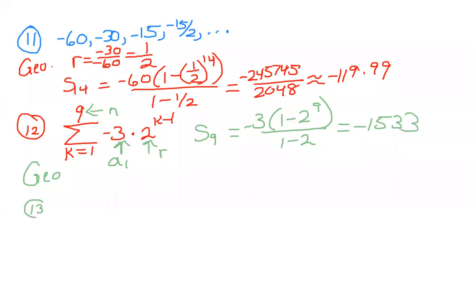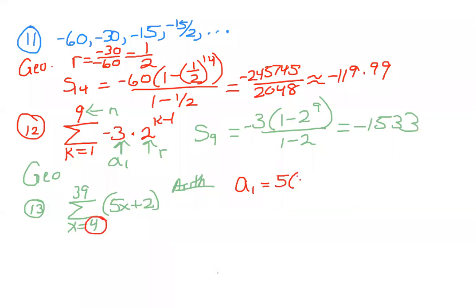Number 13, again, we got the sum from X equals 4 to 39 of 5X plus 2. Okay, well this one is arithmetic, because you can tell just our A1 is when X equals 4. So it's going to be 5 times 4 plus 2, which is 22. And our last term is A39.